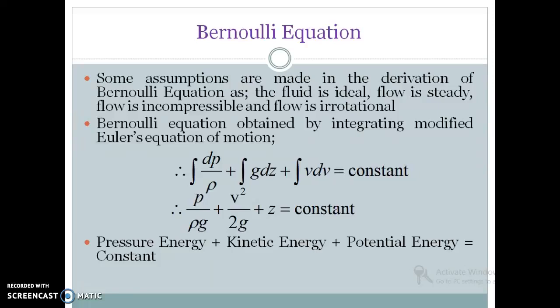And the third is Z, the potential energy per unit weight of the fluid, also called the potential head, and the sum is equal to a constant. That means the Bernoulli equation is a summation of all energies, and that total energy should be a constant. That is regarding the Bernoulli equation.